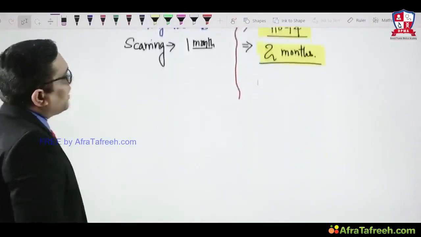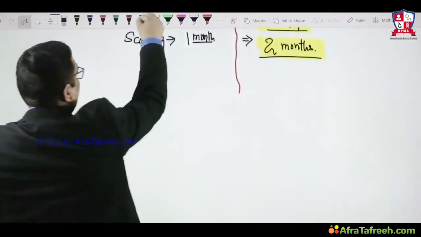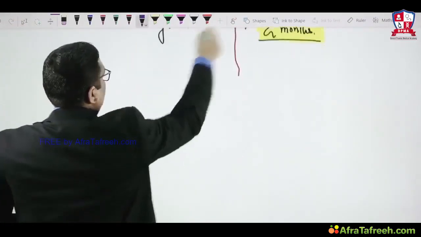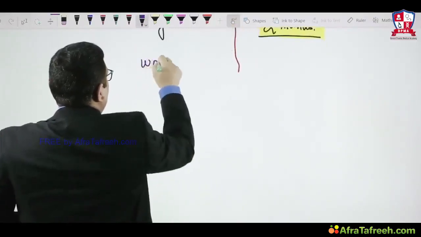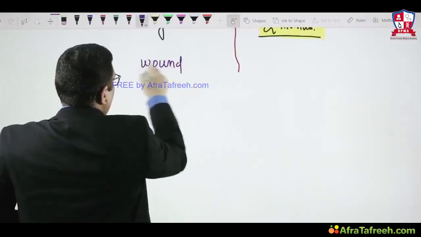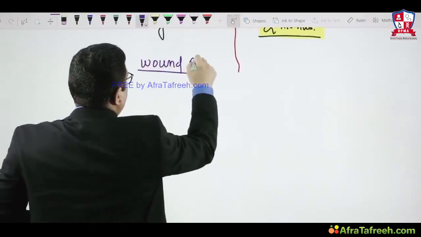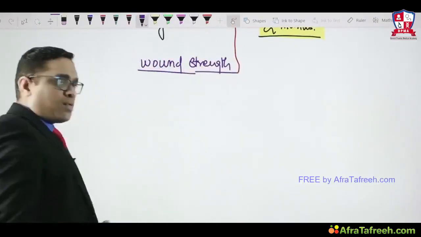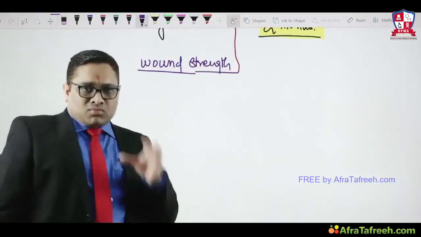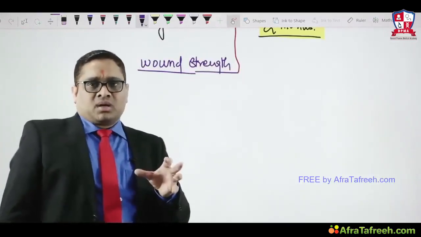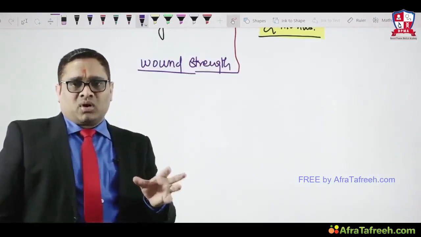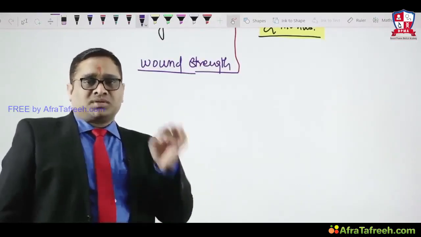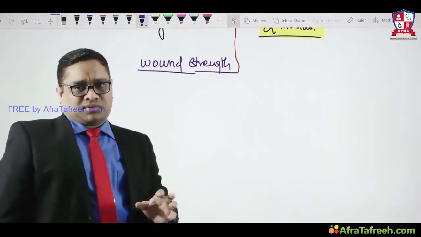Now we will see strength of wound healing, or you can say strength of wound. How will you measure, or how will you expect wound strength? What will be the deciding factor? The most important factor to decide strength of a wound, or tensile strength of the wound, is the collagen deposition, right?